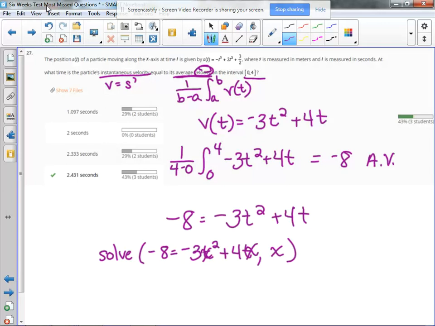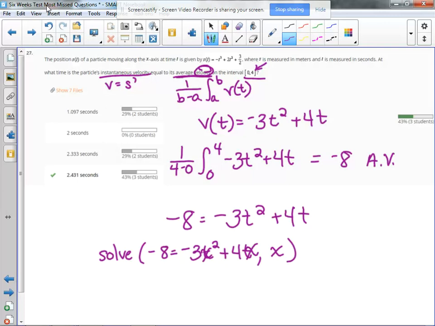Now, here's the other thing you have to be careful with. It gives you two solutions. Now, fortunately, in this case, one of them is negative. I do believe that it's negative 1.097, so guess what? That's why they put that answer choice on there, because a lot of people are going to look at their calculator, and that's all they're going to see. They're going to ignore the negative in front of it, and they're going to select that first answer choice. So you've got to make sure that you pick the one that's in the interval between 0 and 4.